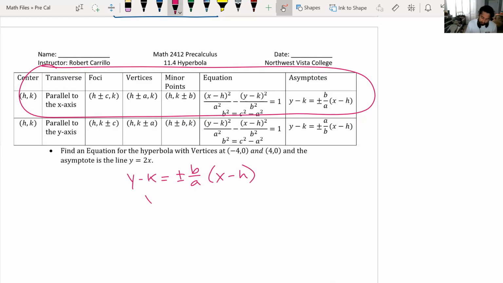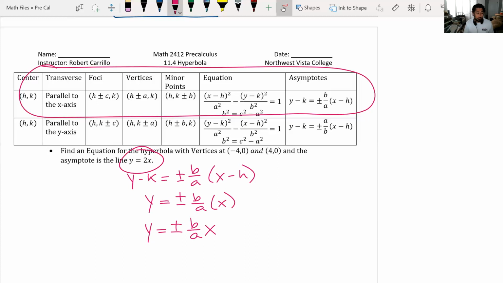So this means that we'll get y equals plus or minus b over a times x. Well, what we know from below is the value of a. What we don't know is the value of b. So how can we find that value of b? By using this asymptote that's given.